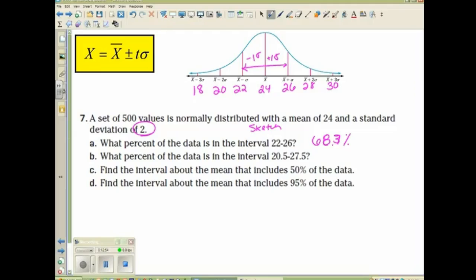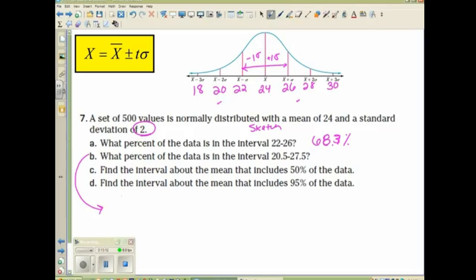Next question, what percent of the data is in the interval 20.5 to 27.5? So 20.5 doesn't click right on that, unfortunately, and 27.5 doesn't click right on that. So we're going to have to do some t-values on this.